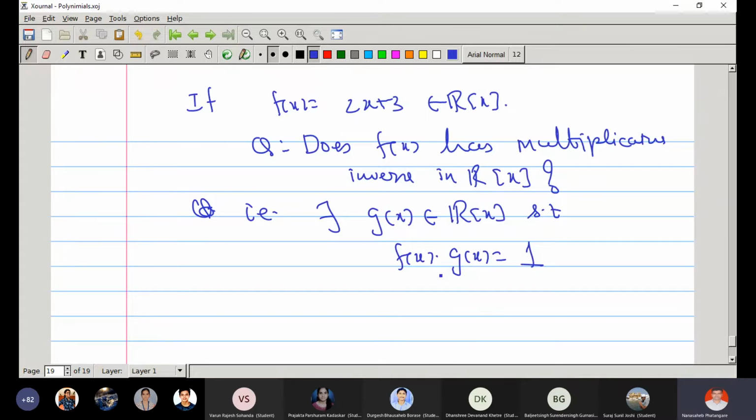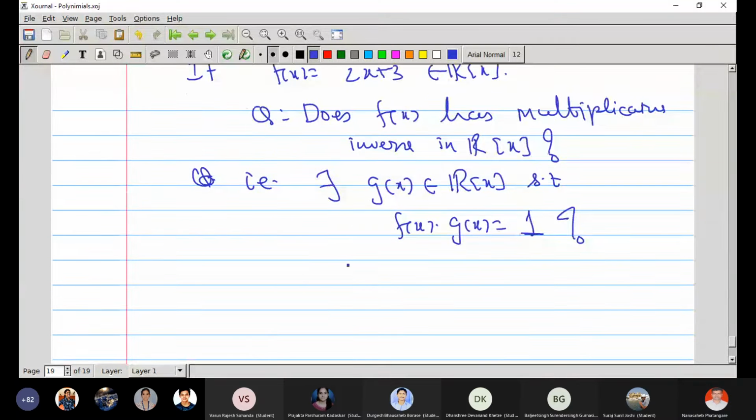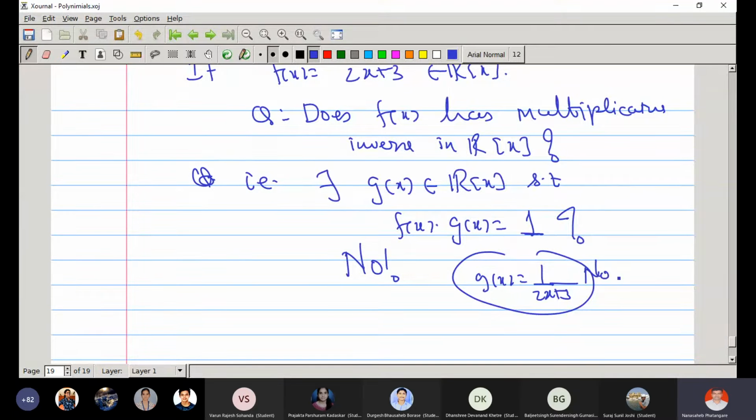Answer is no, because if we take g(x) = 1/(2x + 3), then this is not a polynomial, because this expression does not satisfy the basic properties of a polynomial.